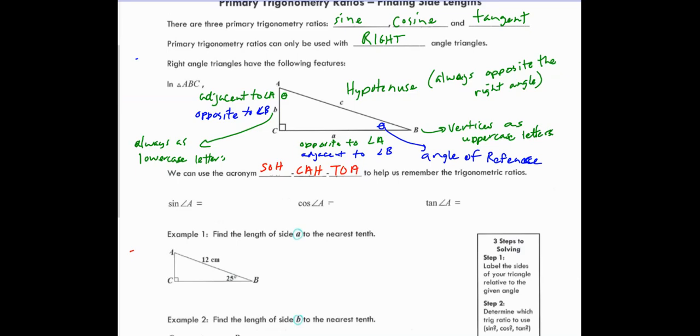What these really are pointing out is they're telling you what trig ratio to pick, and then what sides to use. So in SOH, we have the sine, we have opposite, the opposite side that is, to angle A, and the hypotenuse.